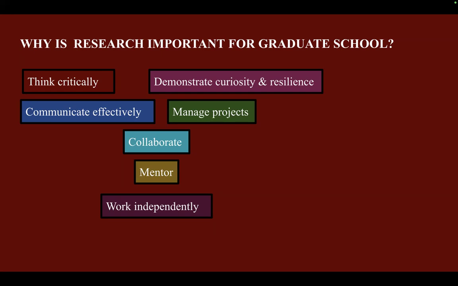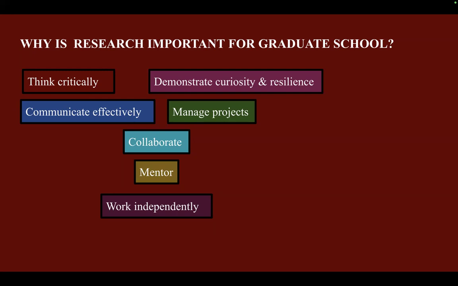Another thing is managing projects. As a grad student, you'll probably be working on more than one project, and having a head start from undergrad helps you develop your skills in planning, organizing, and meeting deadlines. You also have to balance that with your coursework, teaching, and personal responsibilities.